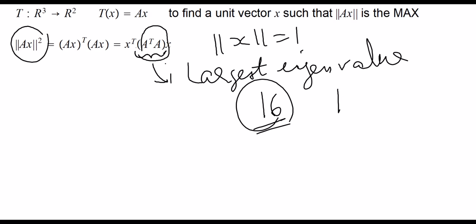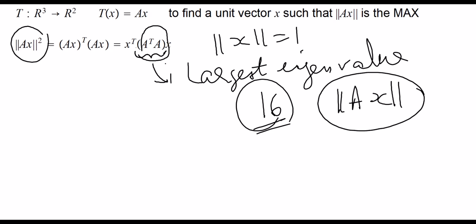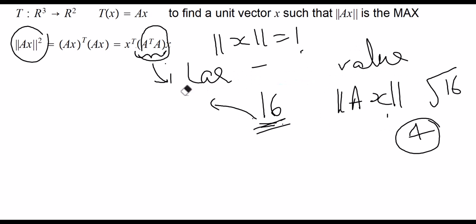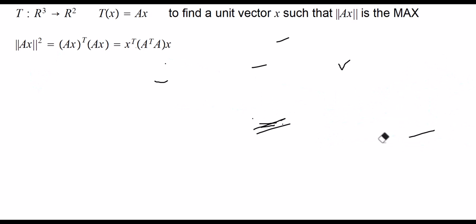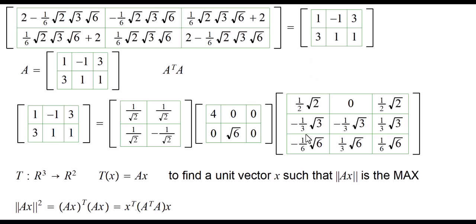So the maximum value for this quantity will be the square root of 16, that is 4, and it occurs at a unit vector corresponding to 16. Let me first erase these. And what is that unit vector? Let's get that unit vector down here.